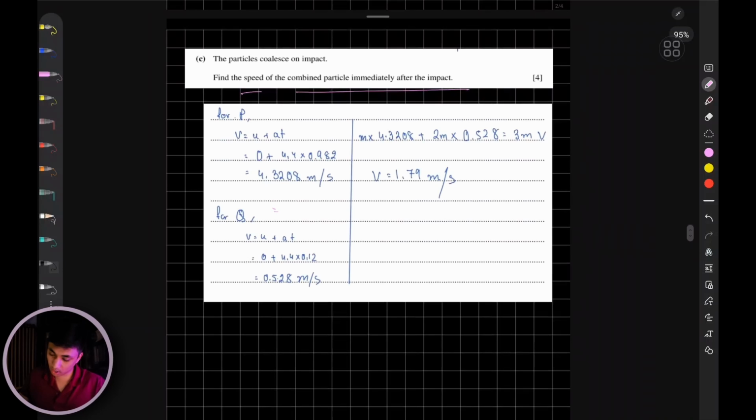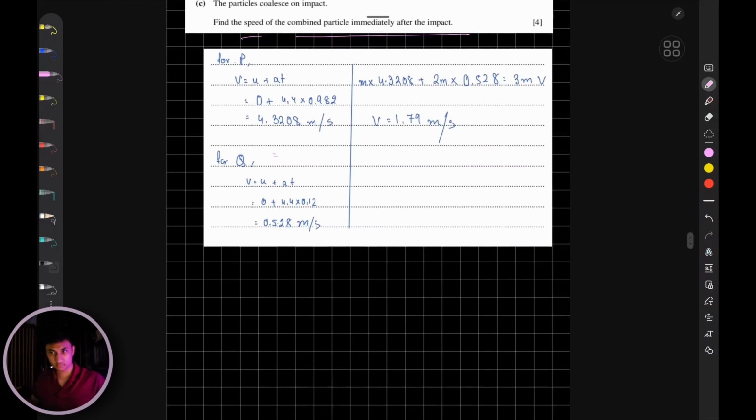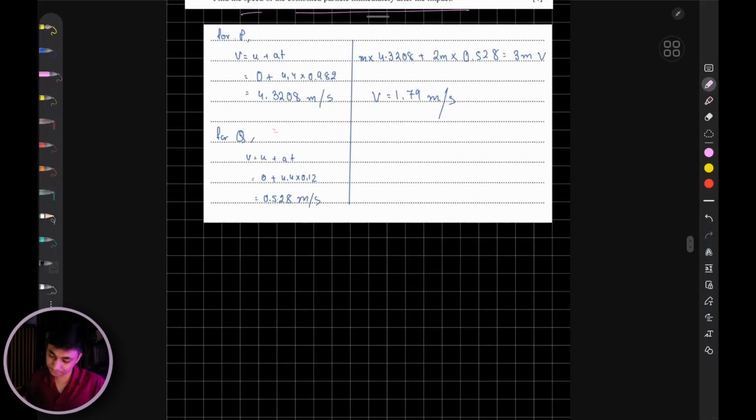So now, formulate the equation, that is sum of momentum before collision is equals to sum of momentum after collision, in the same direction. So m times velocity plus 2m times velocity is equals to 3m, because 1 plus 2, 3mv.